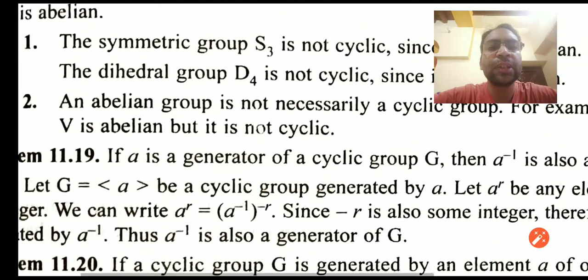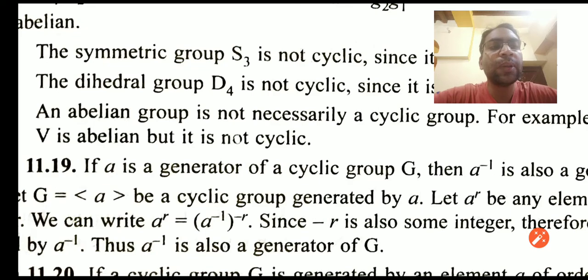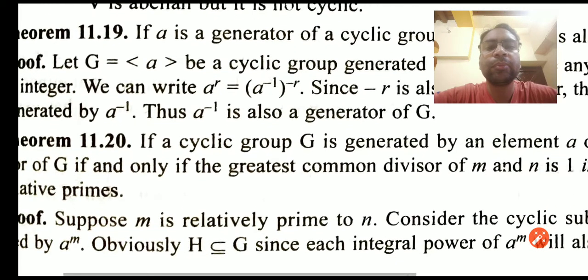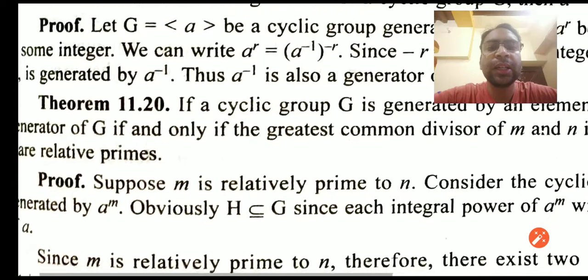The next is, if a is a generator of a cyclic group, then a inverse will also be a generator of the cyclic group. We had already talked about this while discussing the definition of the cyclic group. If any element a is a generator in the cyclic group, then a inverse will also be a generator of that particular group.